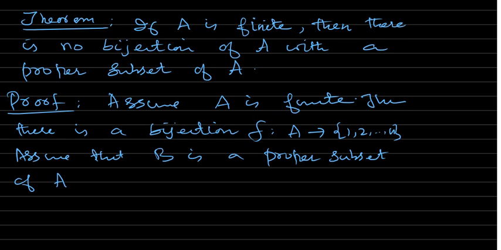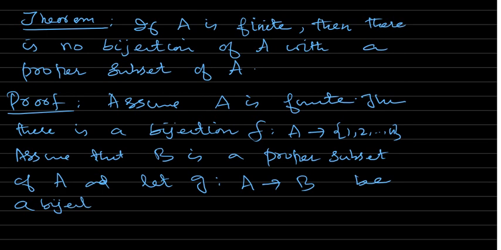There is no bijection between the set A and its proper subset. And let G be a bijection from A to B. Suppose ऐसी bijection है, and let this be a bijection.